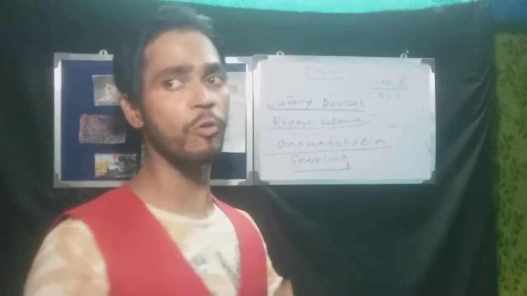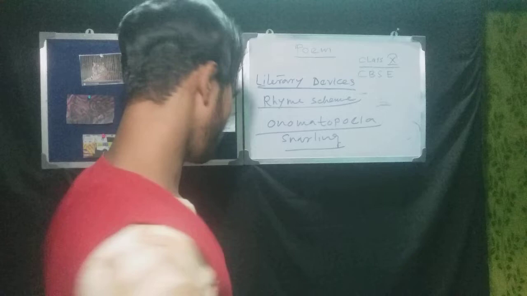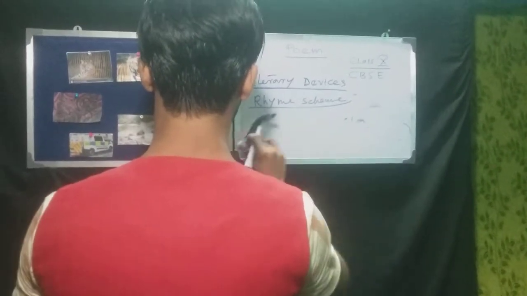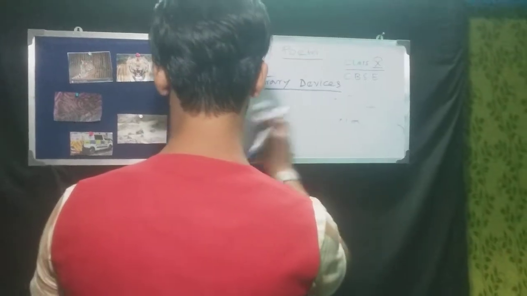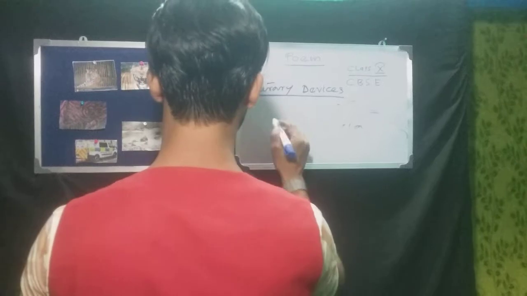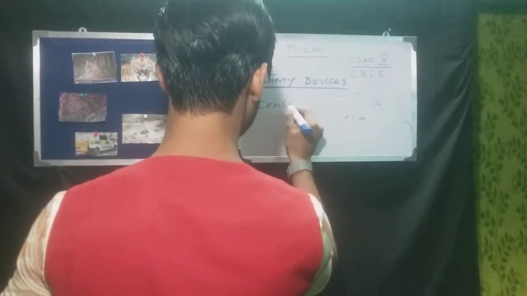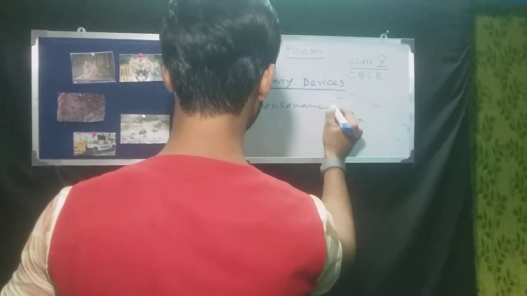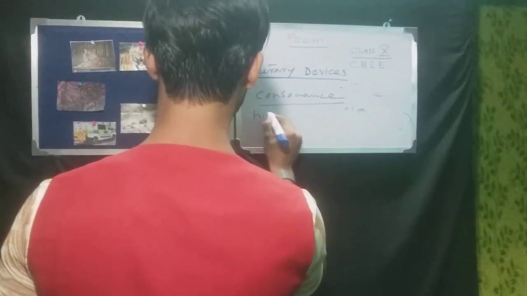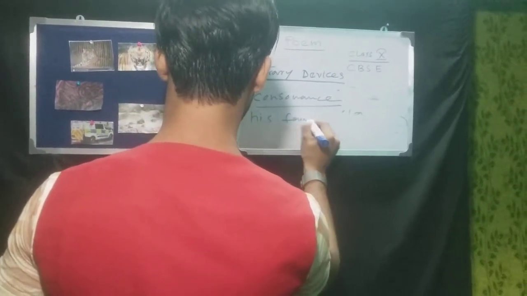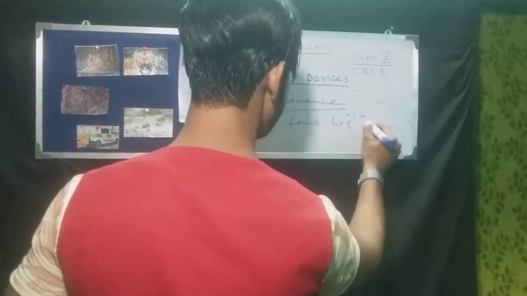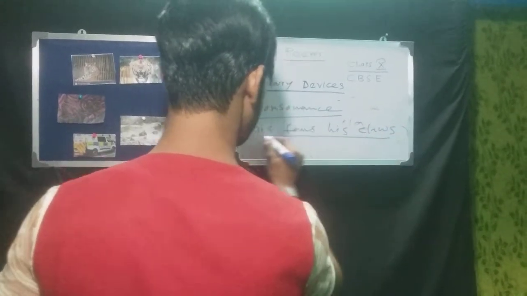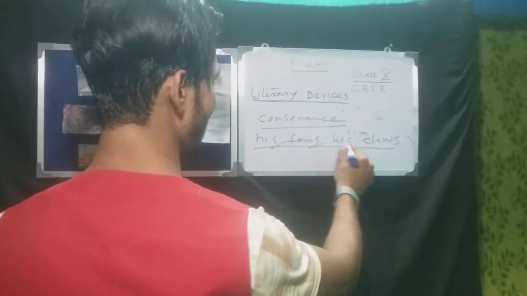The word is denoting the sound, and this is onomatopoeia. It also has consonance: his, fangs, his, claws. S, S, S, S.